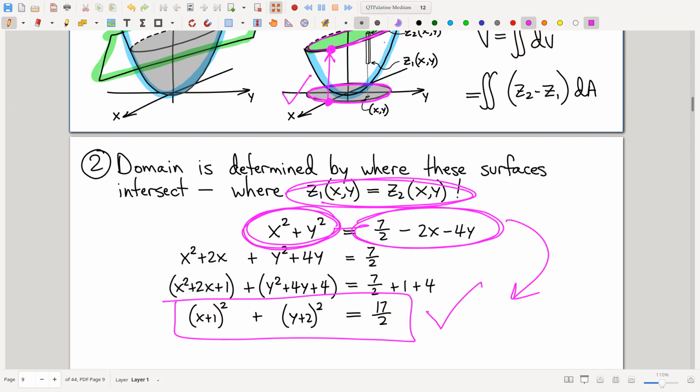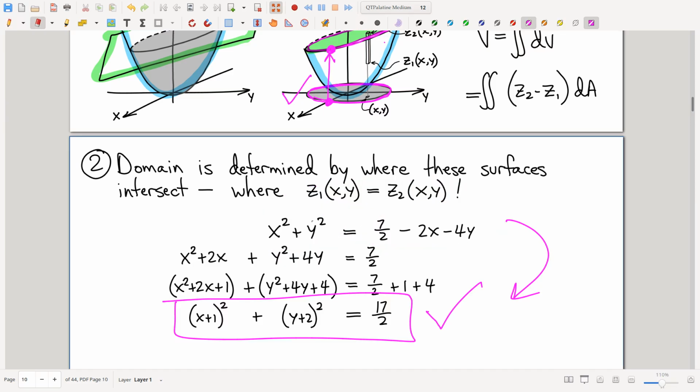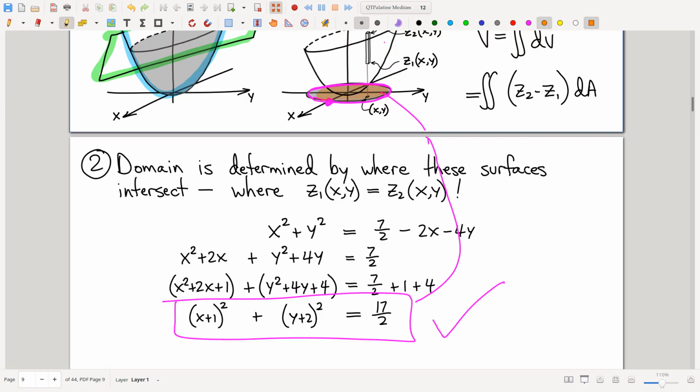So what does the domain end up being? This curve that I have in purple there has that equation. So the domain is just what's inside of that curve. The domain is this shadow that I have in orange now.